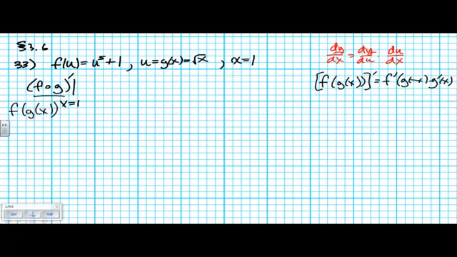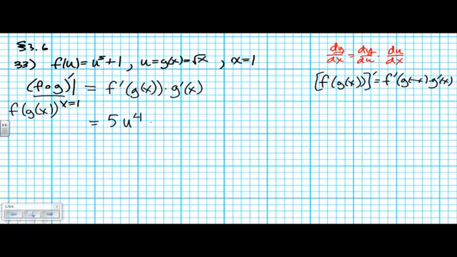So what they really want you to do is say, hey, this is going to be f prime, leaving g the same, times g prime. The other way of thinking of chain rule. So what is f prime? F prime is 5u to the fourth.